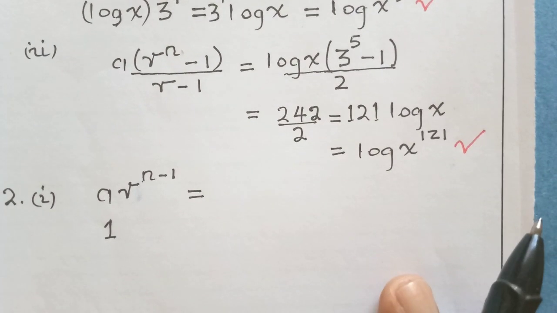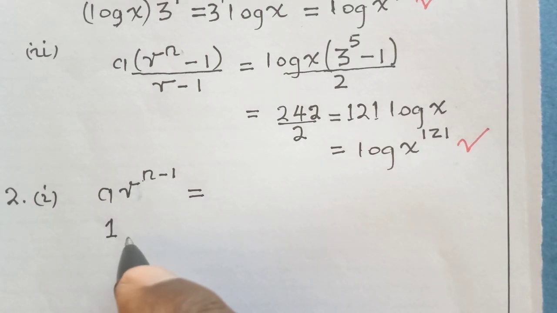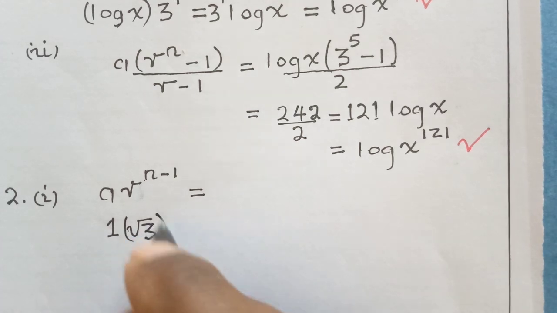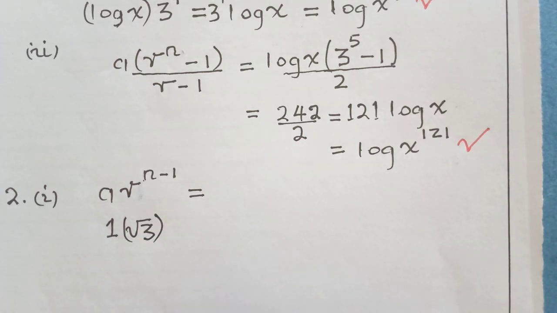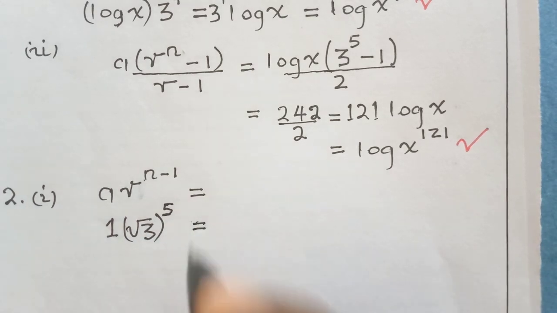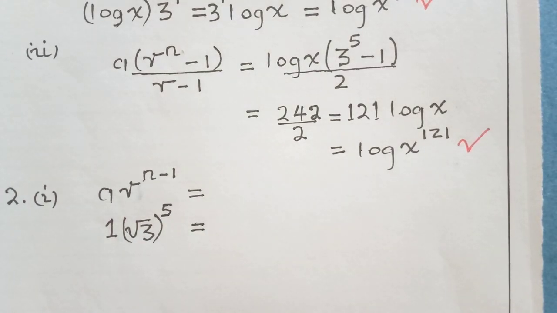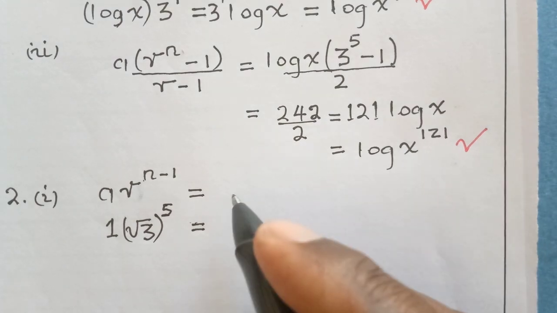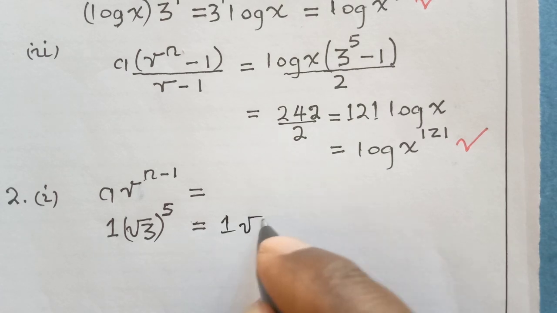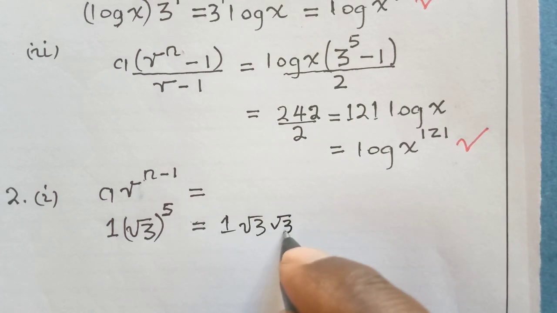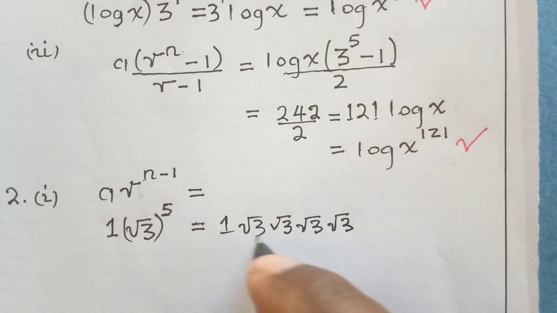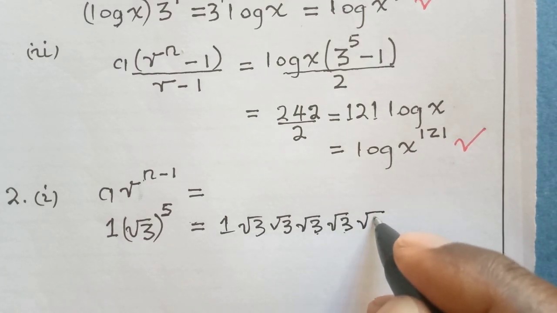So now we say our r is square root of 3 and we require to find the 6th term, so the power is 5 there. We are told to write it in surd form. So this is going to be 1, times square root of 3 multiplied by square root of 3 multiplied by square root of 3 again, 5 times: 1, 2, 3, 4, 5.